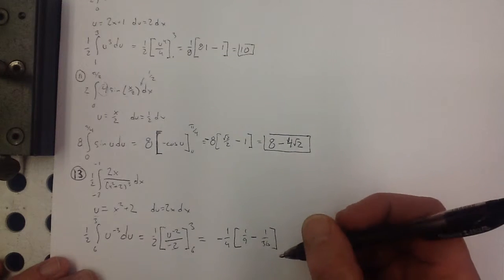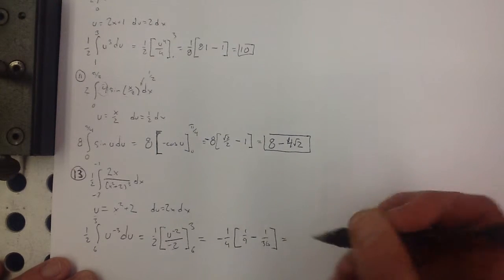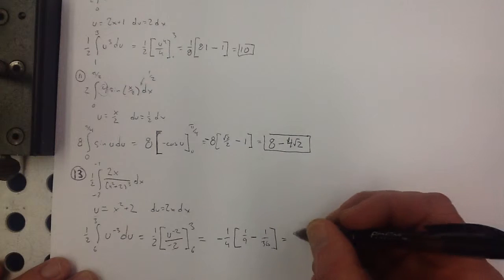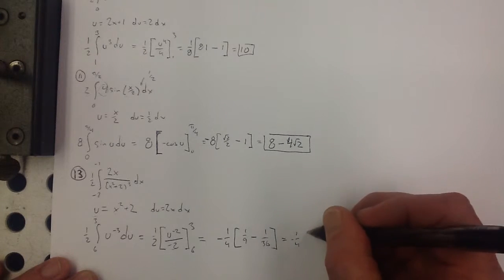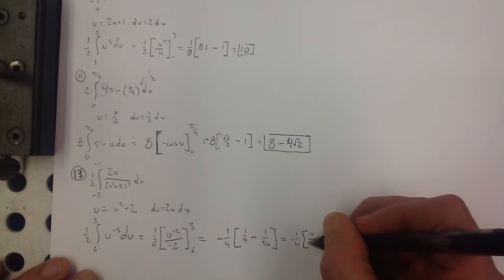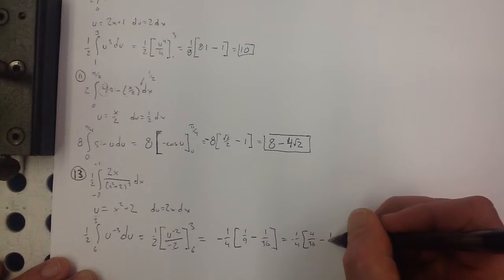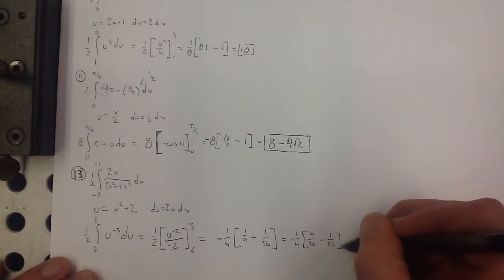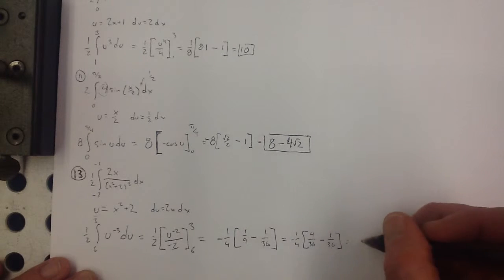And let's see if we can simplify that. That would be the same as negative 1/4 times common denominator would be 36. That is 3 over 36, or 1/12 times, so that's negative 1 over 48.